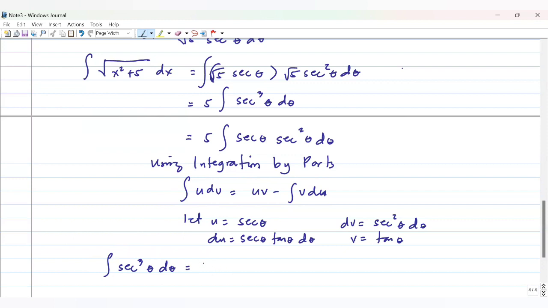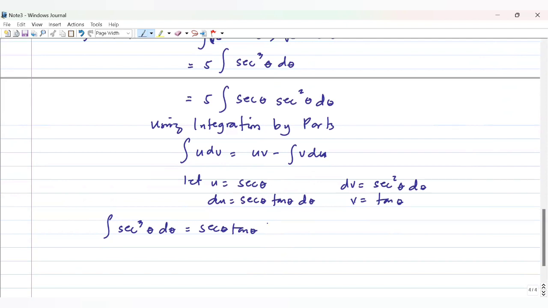So we have secant of theta tangent of theta, minus the integral of v, that is tangent of theta, and then du, the secant theta tangent of theta d theta. Okay, so what's next?